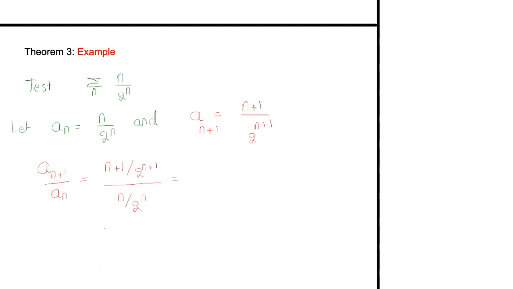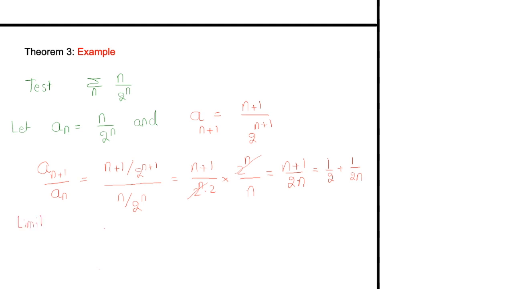This can be simply written as, so this 2 to the power n will cancel out and we will be left with n plus 1 divided by 2n, or that is 1 by 2 plus 1 by 2n.